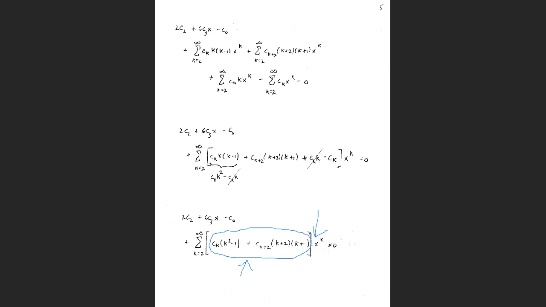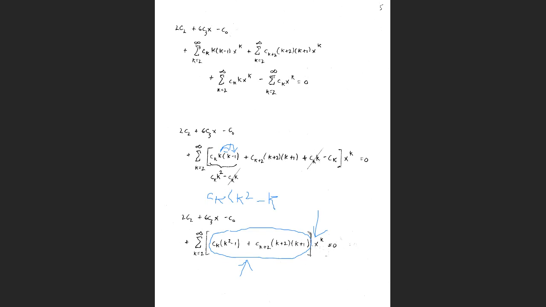So what's happening here on the previous step, Zachary, if I distribute k, k times k, and k times 1. That's k squared minus 1. So c_k times k squared, I'm sorry, that's k squared minus k, right?